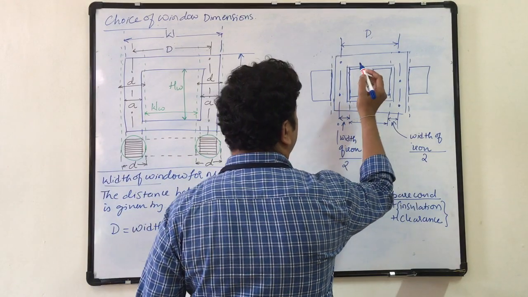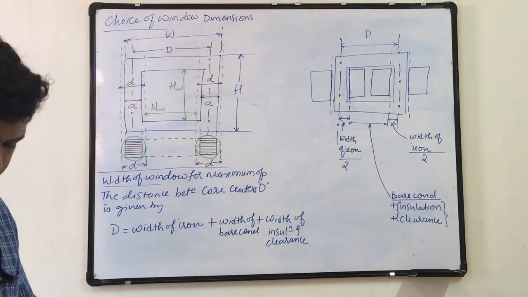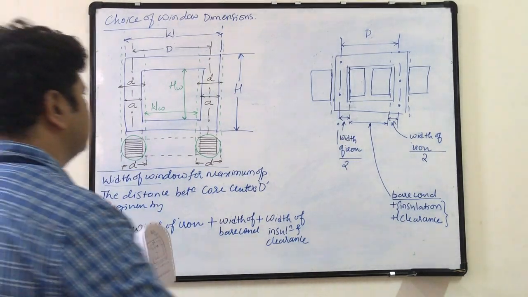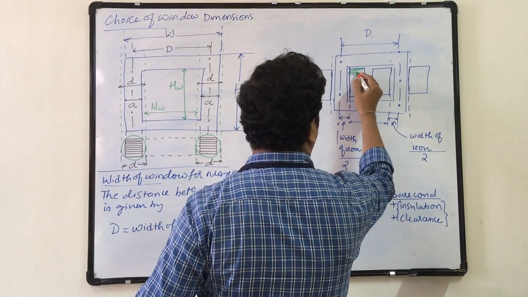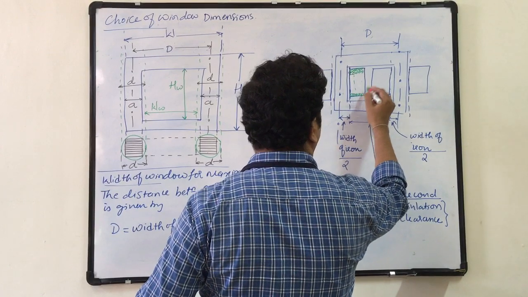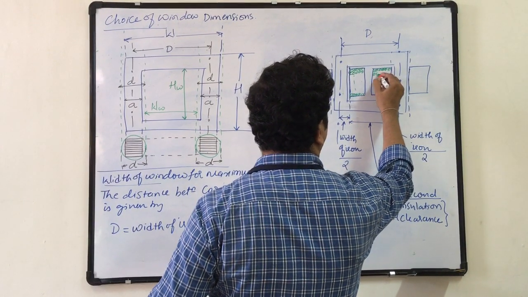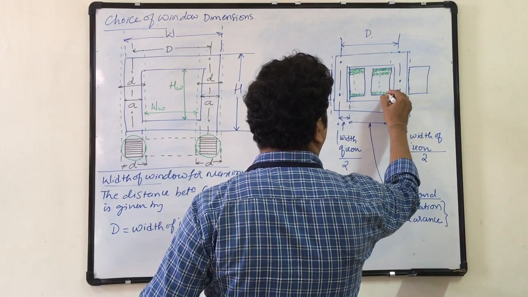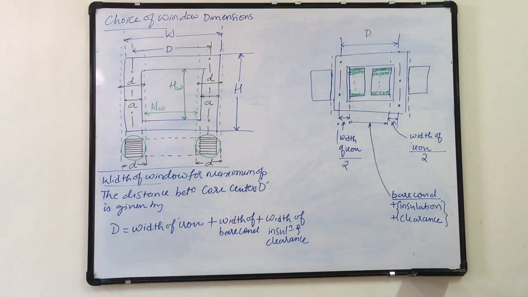If I show you the windings, how it will be seen, the copper conductors will be like this, and so on. So I have so many conductors, number of turns. Each conductor is insulated.